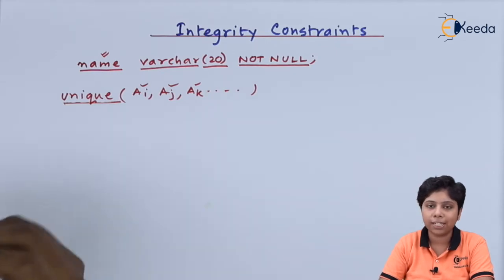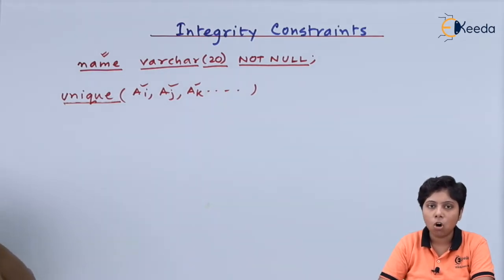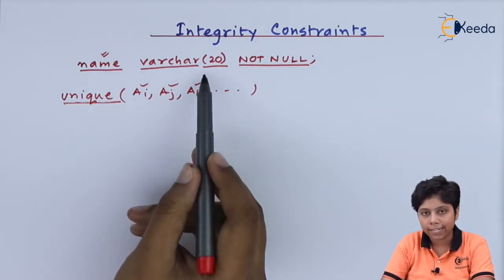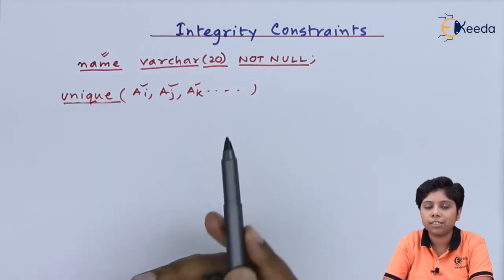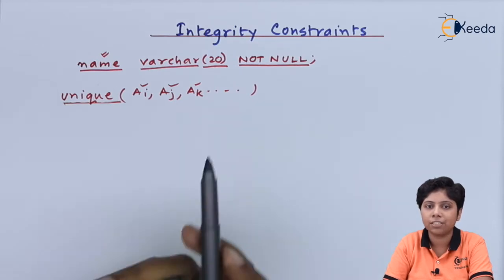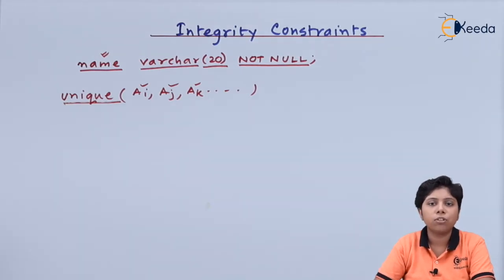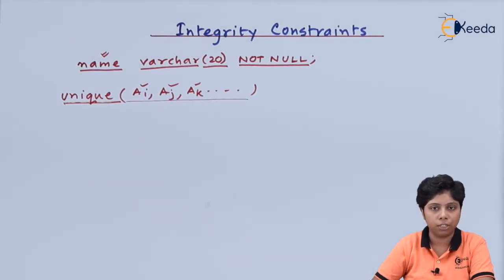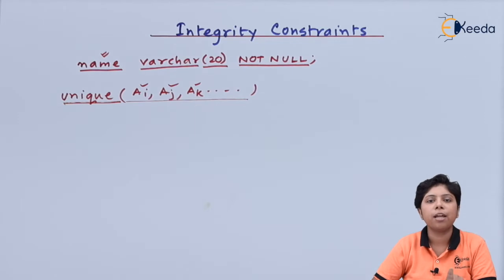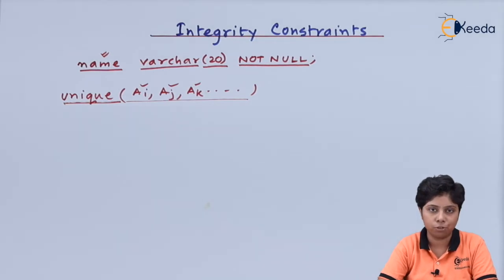So we can put it at the end of the creation, or put AI size unique, AJ size unique, AK size unique, like this. It is generally wise to put it inside, making a list of attributes as unique. So the unique constraint lets you insert only a value that is not duplicated from another value of that attribute.